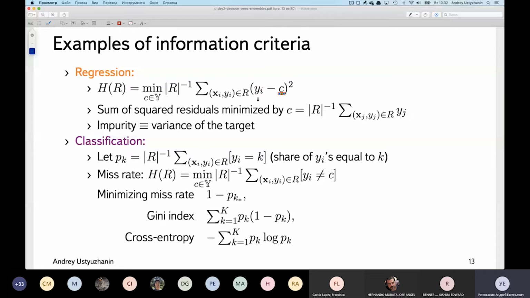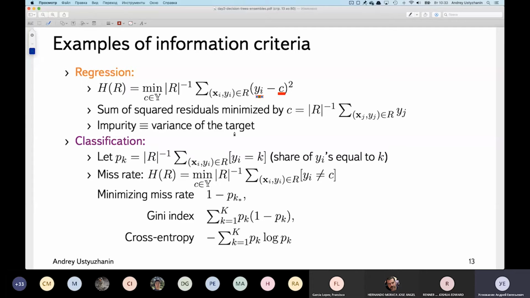It is some kind of output that we get from our algorithm, and y subscript i is a ground truth label. So we compute the sum of squared residuals minimized by c, and in that case, impurity would be the variance of the target inside the node.